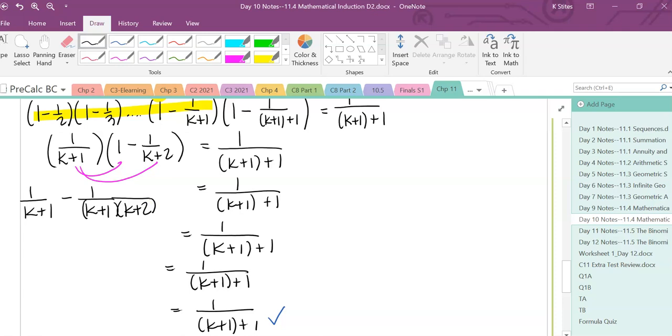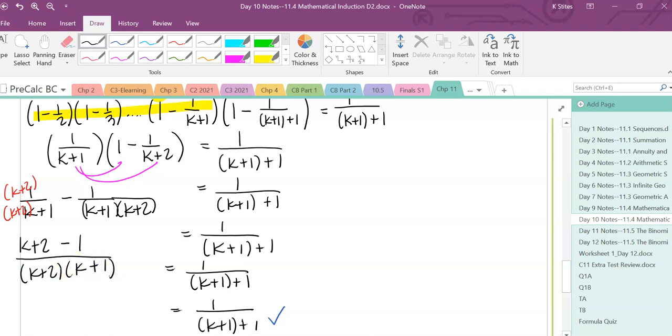And then I'd say, I need to get a common denominator now. So I'm going to multiply this one by k plus 2 over k plus 2. Again, I'm not saying this is the best method for this problem, but this is a strategy that can work for other similar problems.